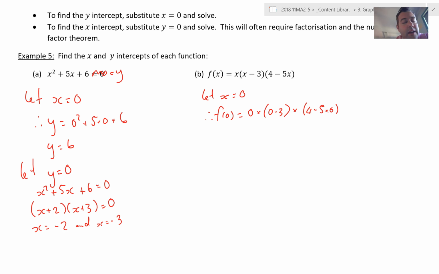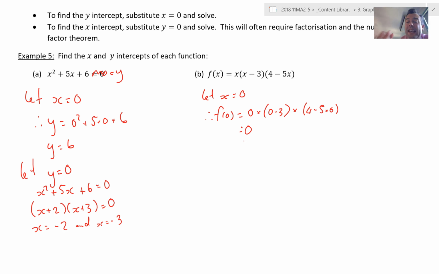Well, it doesn't matter what I have over here because 0 times anything equals 0. So this function is going to pass through the origin. When x equals 0, the function of x, or y if we graph it, equals 0. Remember, function of x and y are generally the same thing.